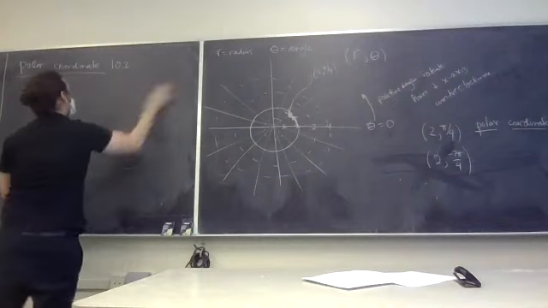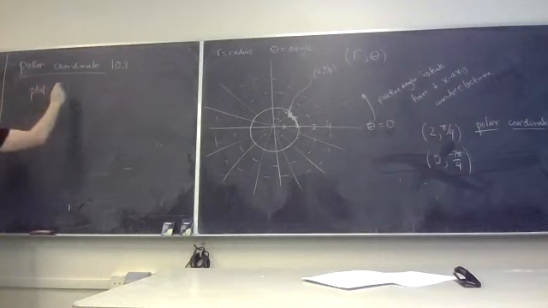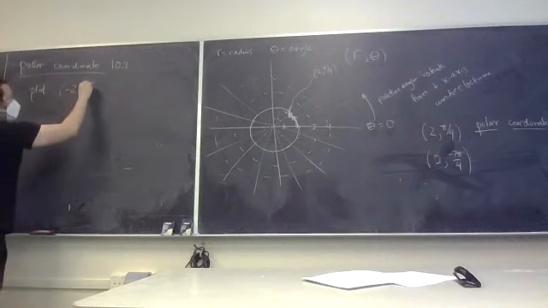Somebody could say, plot the point minus 2, 5 pi over 4.